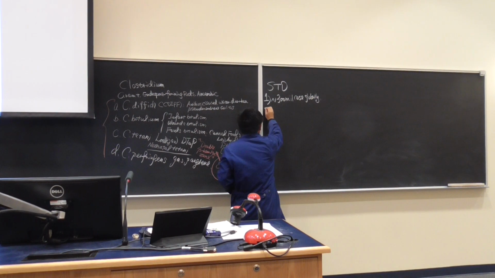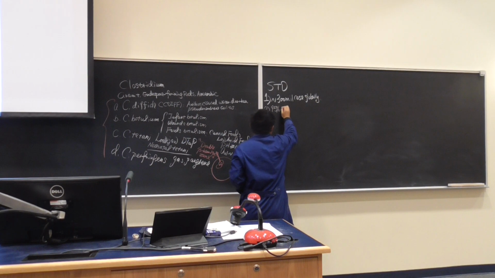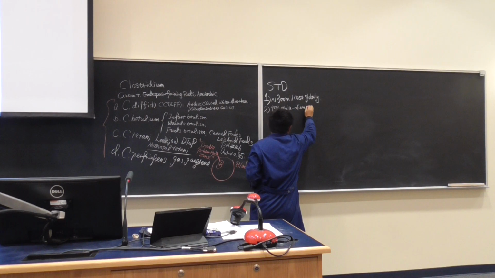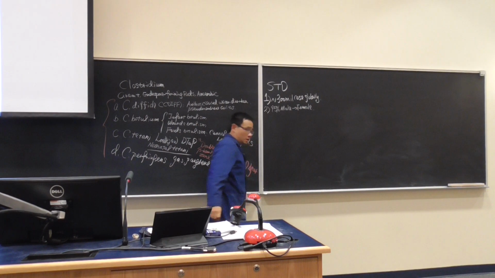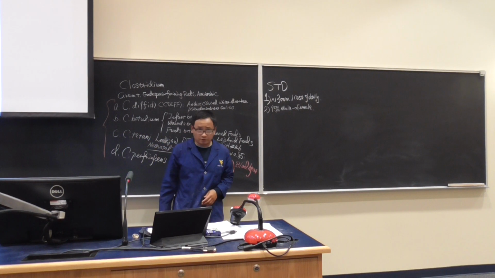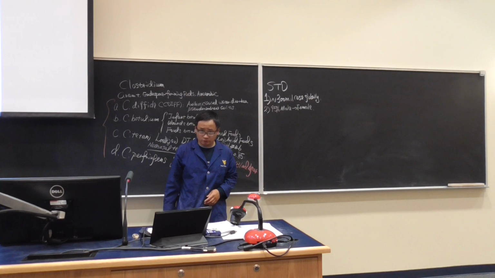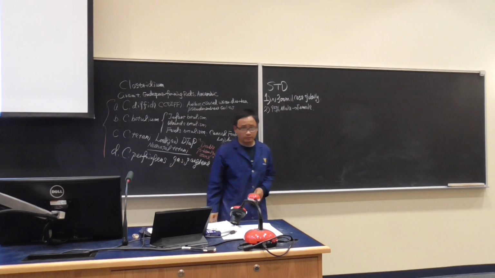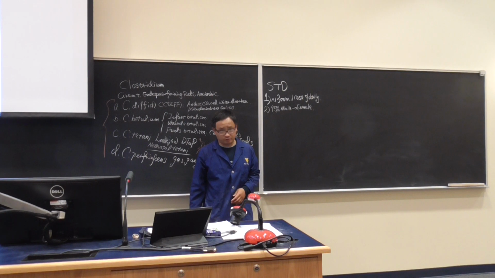This disease is 95% from male to female. Said very simply, infected or contaminated penis goes to the vaginal tract and causes a problem. Lots of them are transmitted through the very soft mucous membrane system.